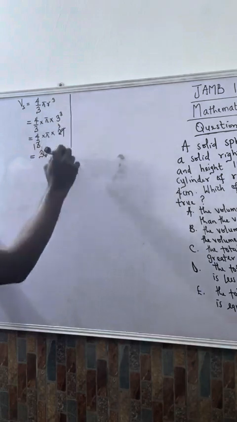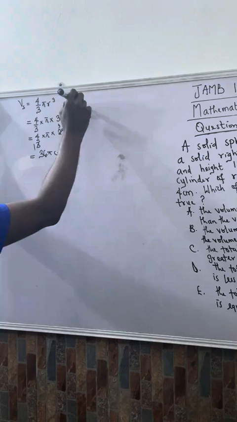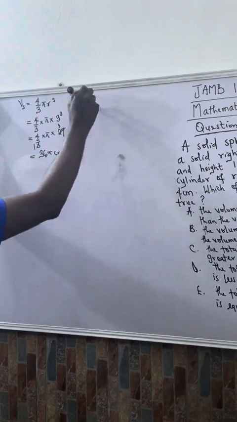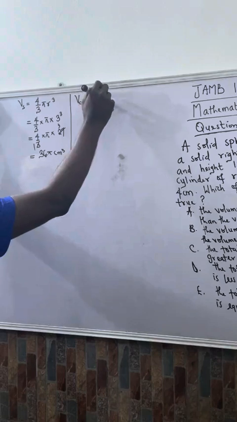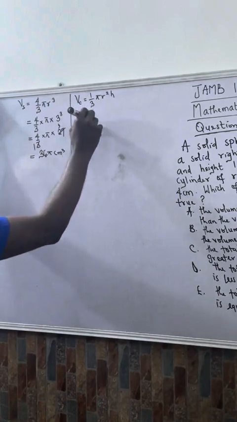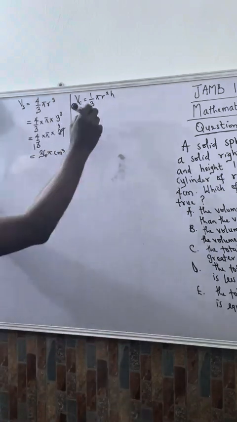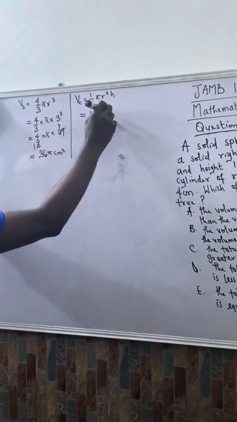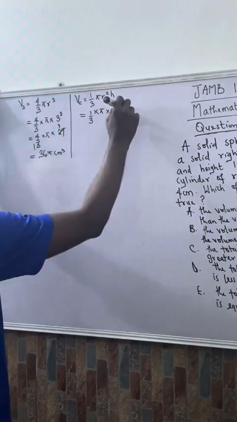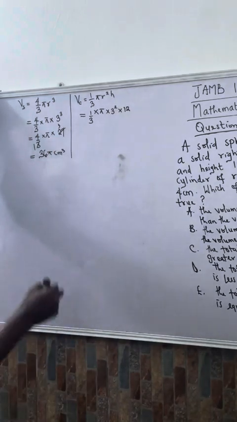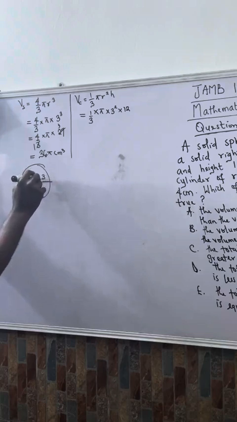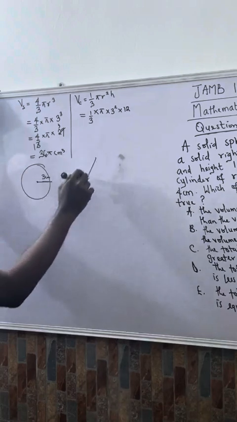Let's go for the volume of the cone this time around. Volume of cone equals 1/3 pi r squared h. From the question, the radius of the cone is also 3 centimeter, so 1/3 times pi times 3 squared times the height. The height of the cone is 12 centimeter; we are talking about the vertical height this time.